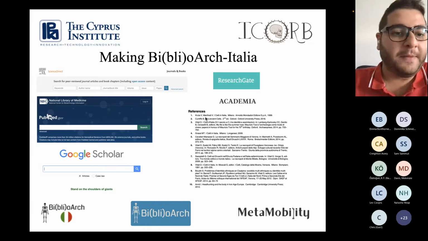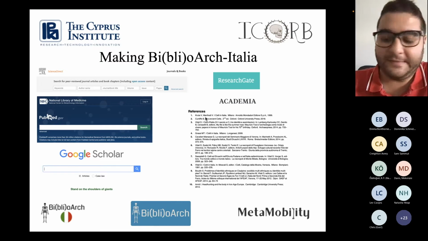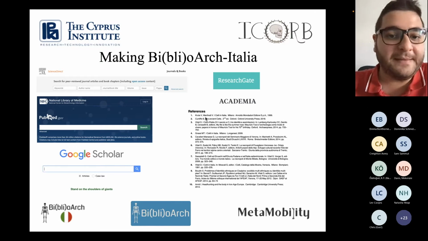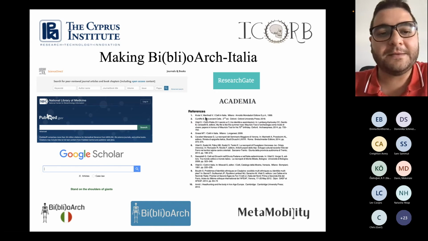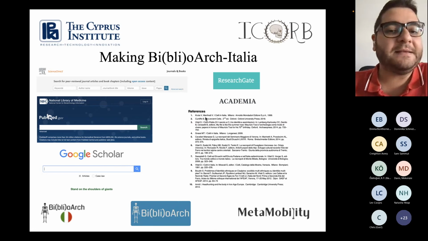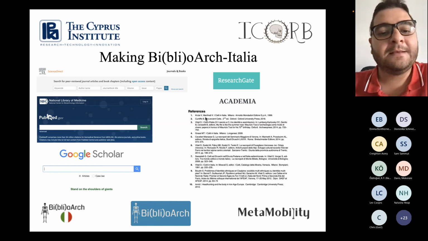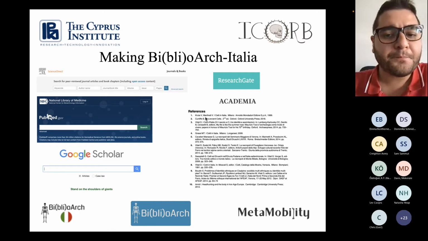In fact, we started with the research on the major search engines, PubMed, Science Direct, where we used a combination of keywords such as human remains, bioarchaeology, osteoarchaeology, and so on, in combination with Italy, Italian, Sardinia, and Sicily.